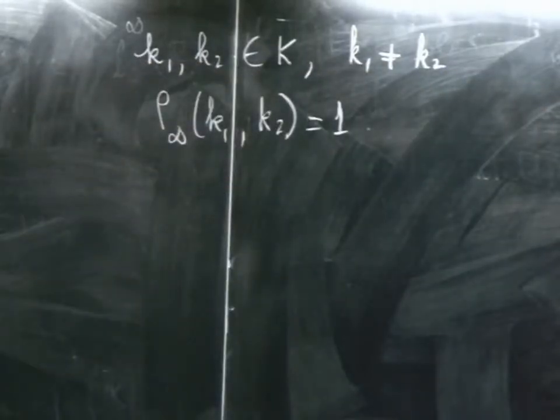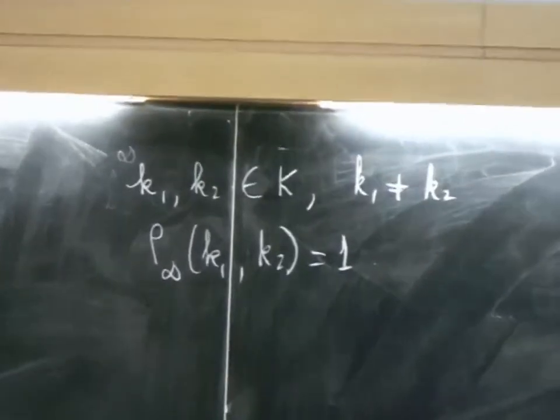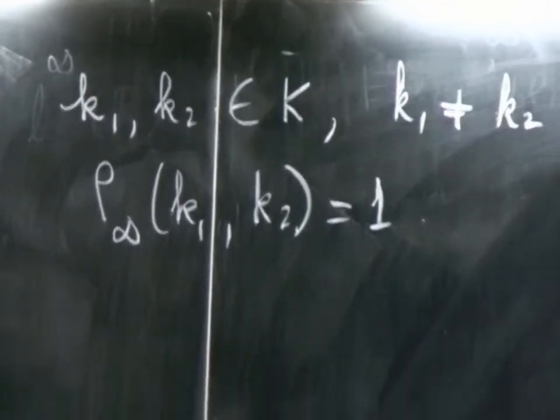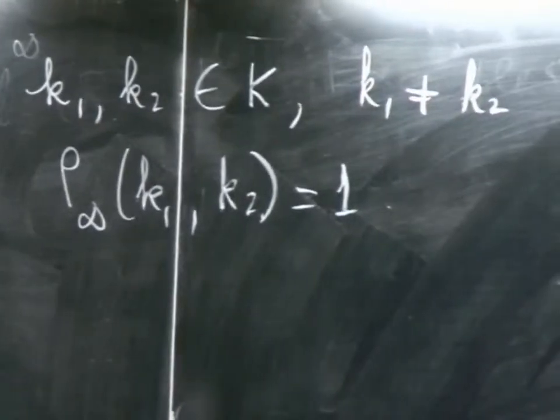Now try to think of points in the plane which are sitting at unit distances from each other. Can you think of three such points in the plane, sitting at a distance of 1 from each other?